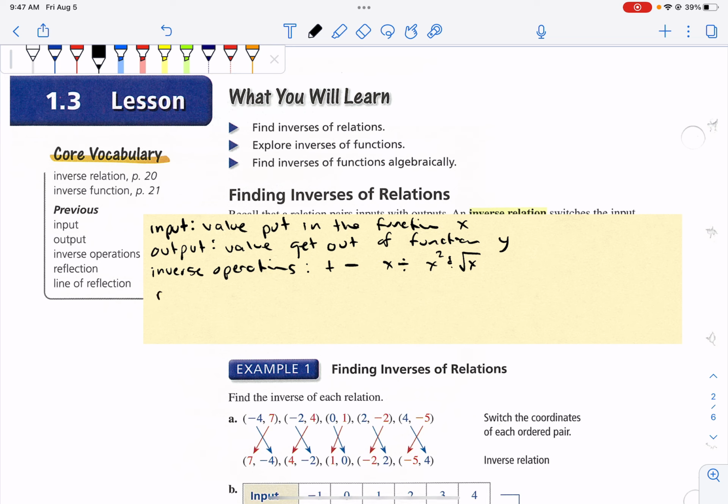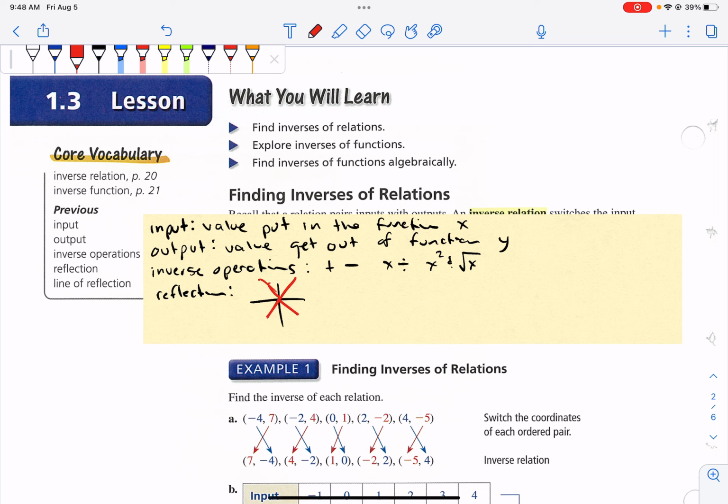Reflection. A reflection is an image on a graph. So a reflection is just if I have, like from our last chapter, the absolute value of X looks like this. If I reflect that down, it looks exactly the same.